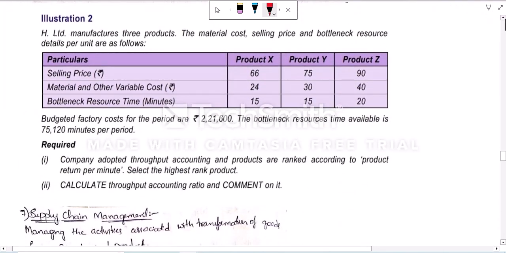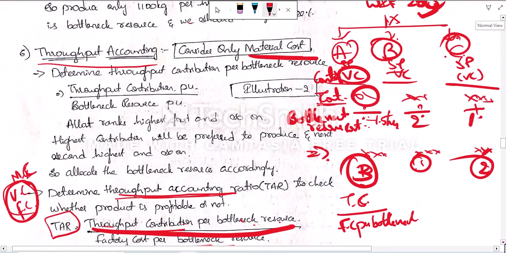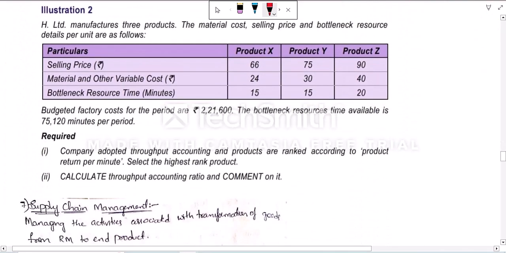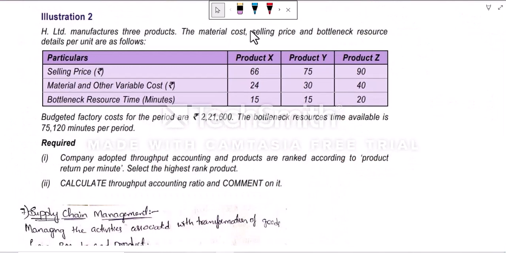Next, an illustration related to throughput accounting. This is a question regarding throughput accounting. The company has adopted throughput accounting and products are ranked according to product return per minute.